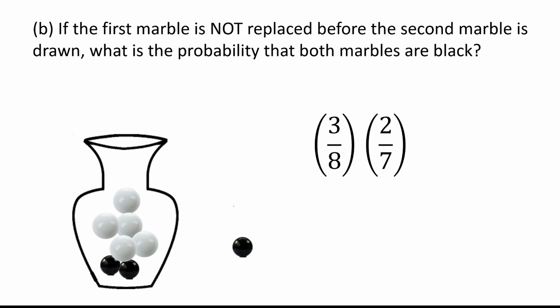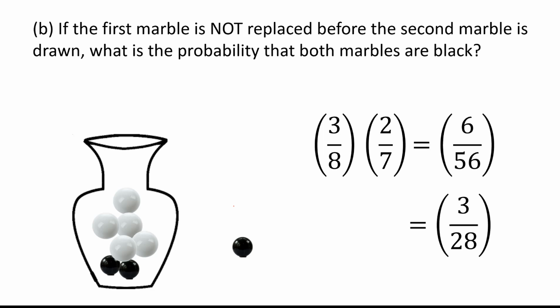And so the probability of pulling a black and another black is that product, 6/56, or you can reduce that to 3/28. So when we do a probability problem like this without replacement, it means we are not putting the marble back in, which is going to affect the next event.